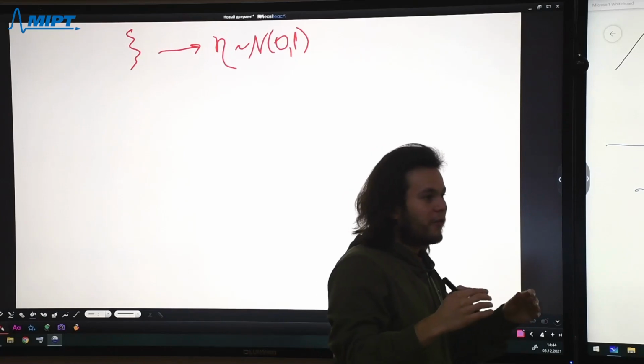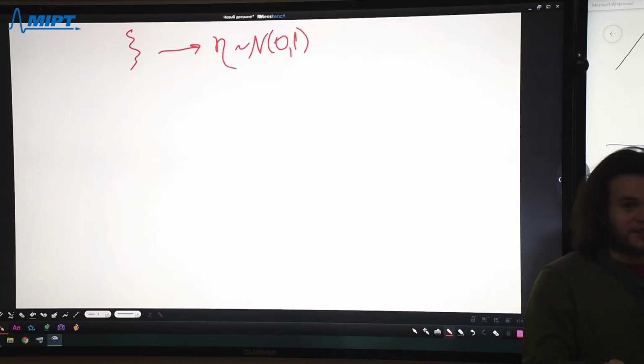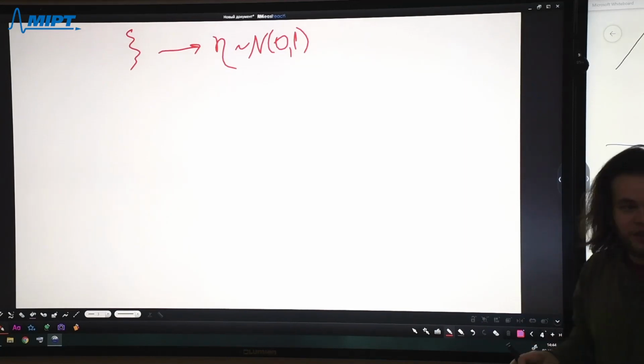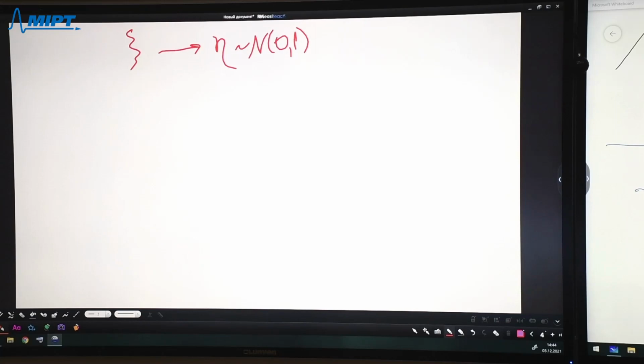So for example, you have a coin and you flip this coin 1 million times. Of course, you know the distribution of this experiment: success is 1 with probability 1 over 2 and 0 with probability 1 over 2, success and failure. So you know the distribution of this psi.